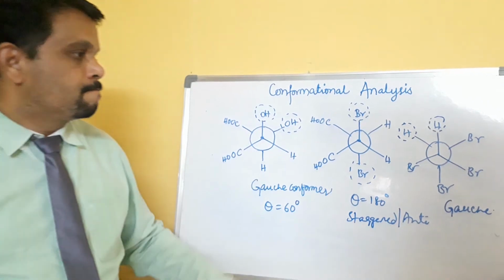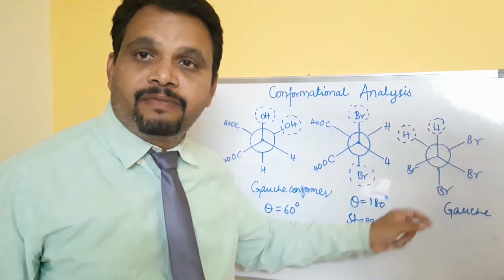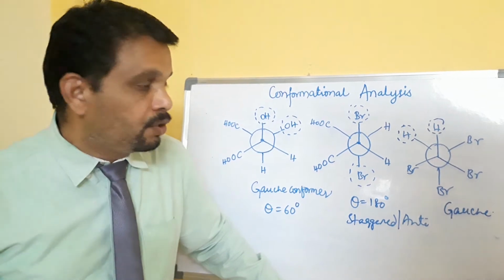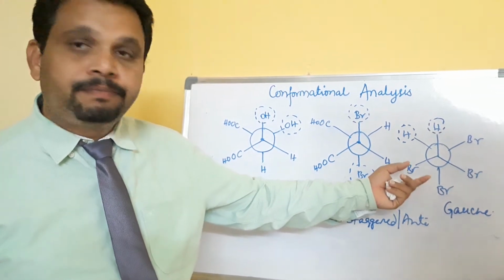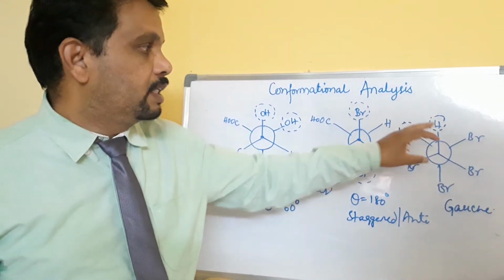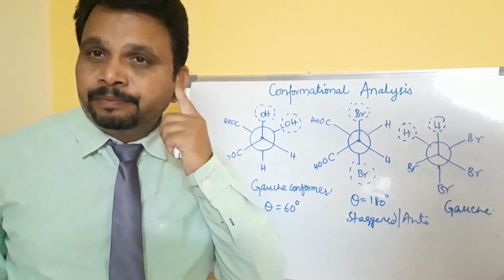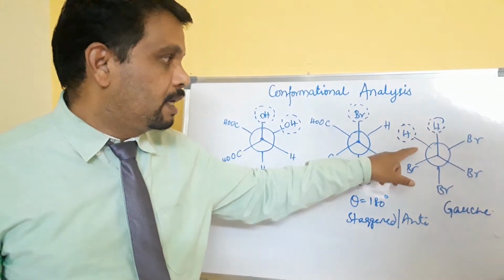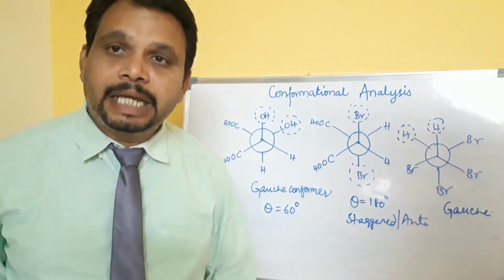In the third case, there are four bromine atoms, so we cannot take bromine as the fluidicial pair, because there should be only two. So you take the two hydrogen atoms as the fluidicial pair, with a 60 degrees dihedral angle.